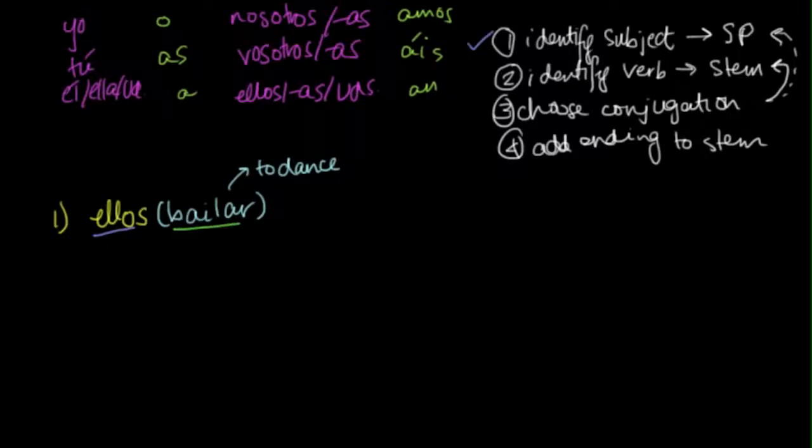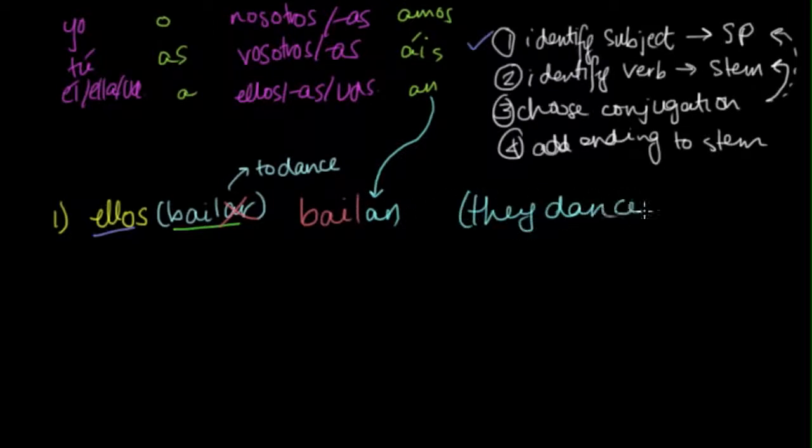Here's our verb, and we're going to drop our infinitive ending, drop that AR, so we're left with our stem, B-A-I-L. Next, we choose our conjugation ending. So we see our subject is ellos, which means we need an, so this will be our ending. And step 4, we just add that ending right onto our stem, like so. Ellos bailan, they dance.